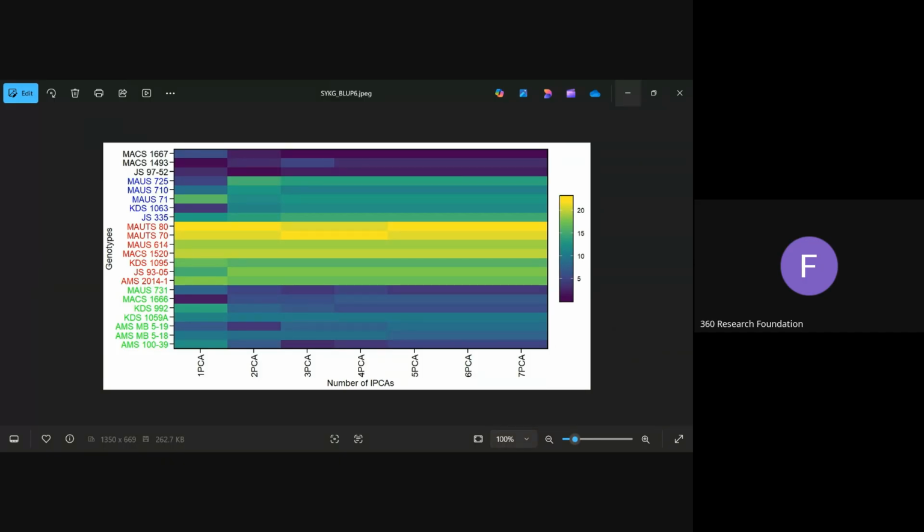So now we will correlate it with our actual analysis. Just open the text file of BLUP.